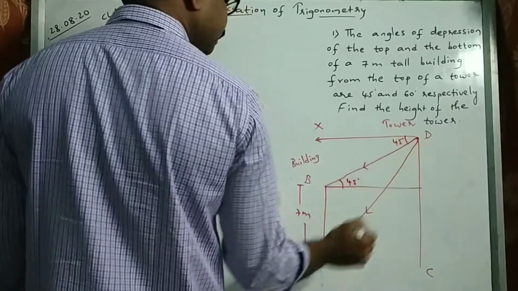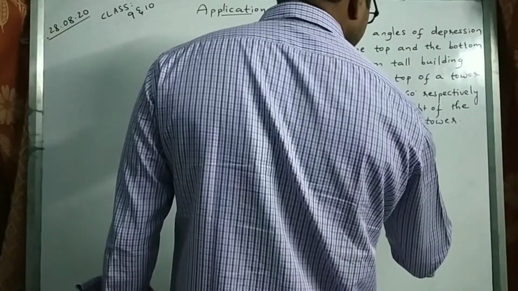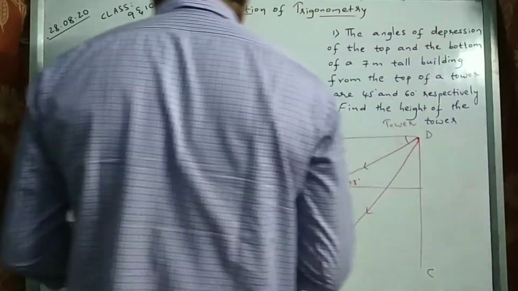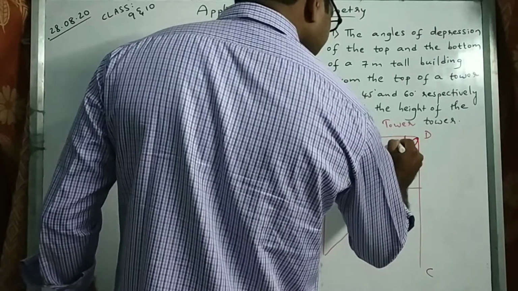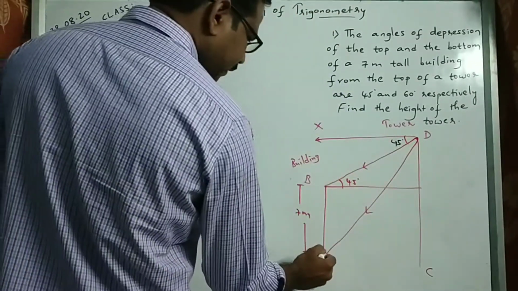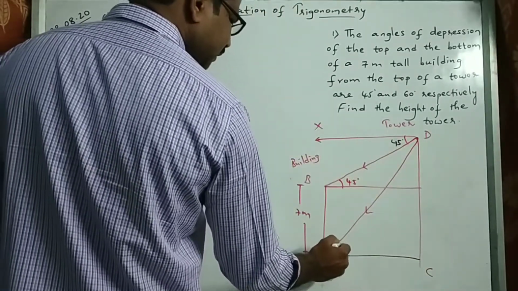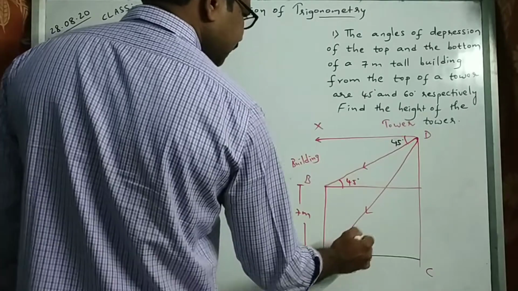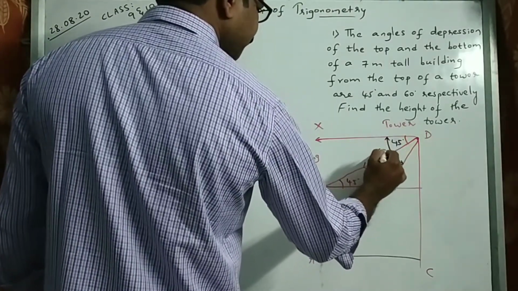I'll just write with another color. So this is 45, which means this also is 45. Now the down one, the foot of that building, is at 60 degrees. That means this one is fully 60 degrees.